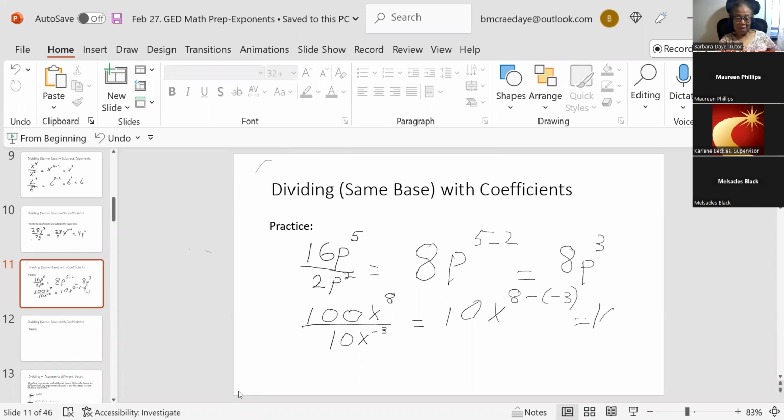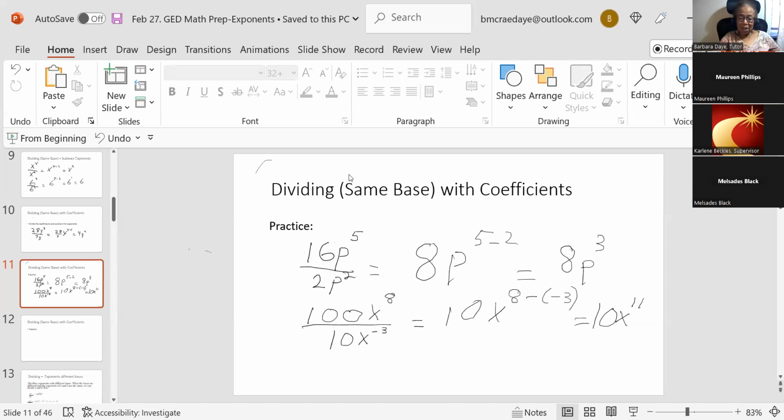Always catch me. Remember those slides, Mercedes? If I just write it down, 11, minus minus gives plus. So 8 plus 3 gives you 11. That's why I started to doubt, because I didn't remember right there, so I just started to write it out. Well, always write it out, just like I did here.